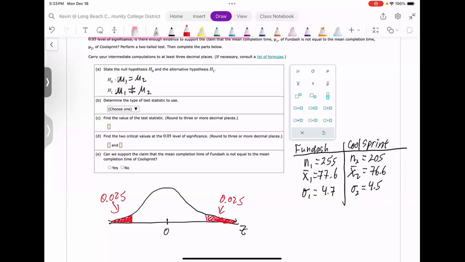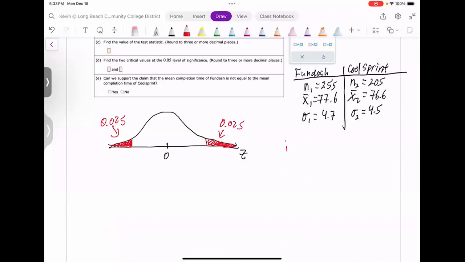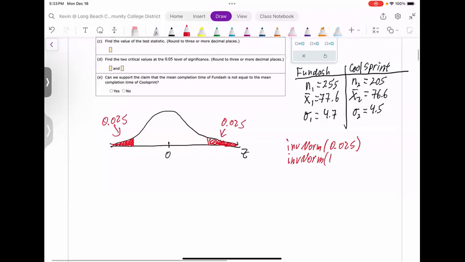To find our critical values, we are going to use inverse norm. Let me rewrite that down here: inverse norm of 0.025.